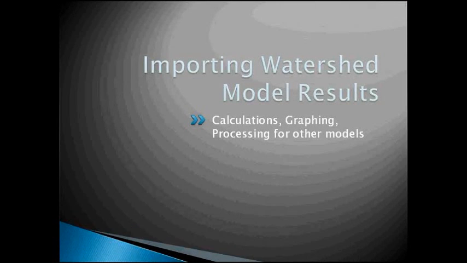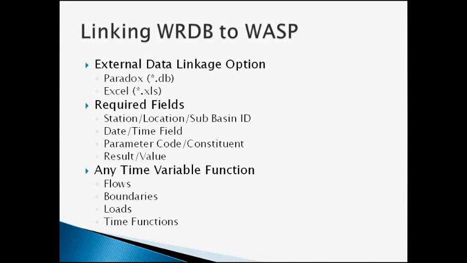Okay, what we're going to do now is look at the process of importing the LSPC watershed results that were brought into WRDB and bringing them into a water quality model. We're going to be linking the LSPC model with WASP, using an option in WASP that has an external data linkage, which allows you to point the time series input of WASP to external files.